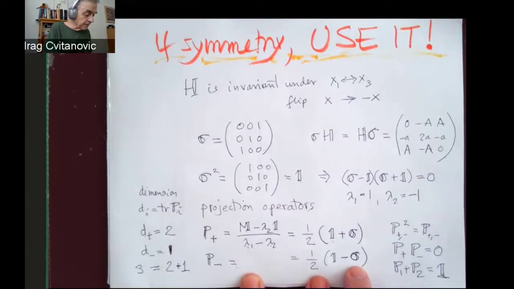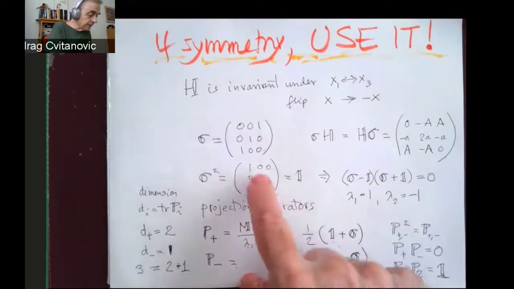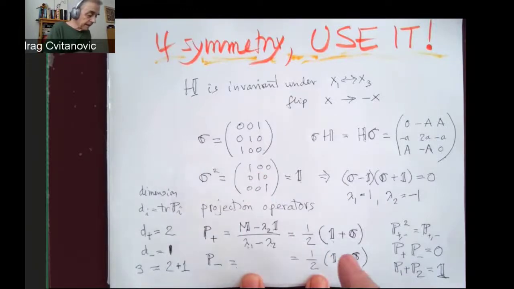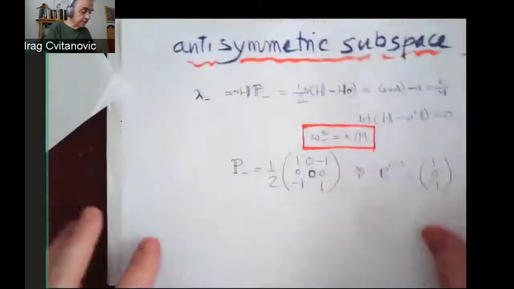The other combination, this 1 cancels in the center, and I have 3 minus the trace of sigma, which is 1. In other words, I get 2 divided by 2, and I have a 1-dimensional space. And I've decomposed 3-dimensional space into 2 dimensions plus 1. So what?